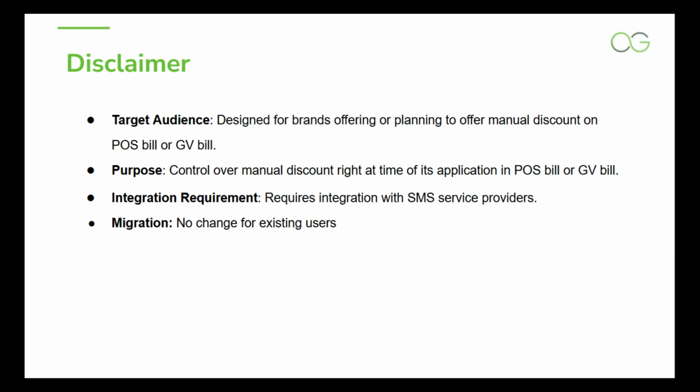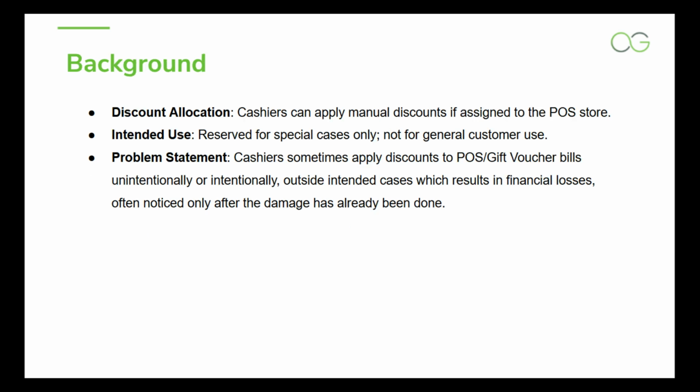Before directly jumping into the enhancements, let us first peek into the background and also understand the related problem statements. Currently, Ginesys POS cashiers can offer manual discounts to POS customers if manual discount master has been allocated to the POS store.